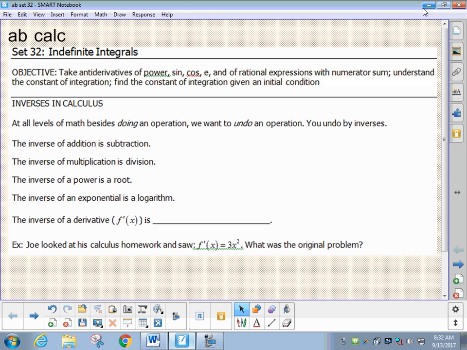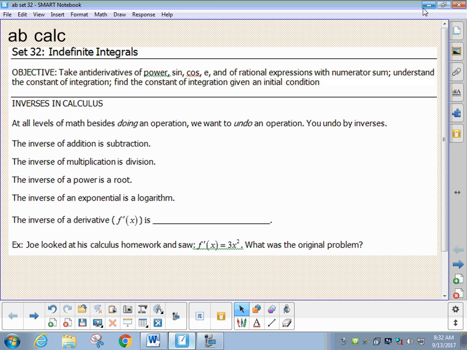You have to have an inverse. There are some things that don't have inverses, like absolute value. It's something you do, but it doesn't have an inverse of it. But most do. So, as you know, inverse of addition and subtraction, multiplication, division, power, roots. Once you get to higher math, you see exponentials and logarithms as inverses of each other.